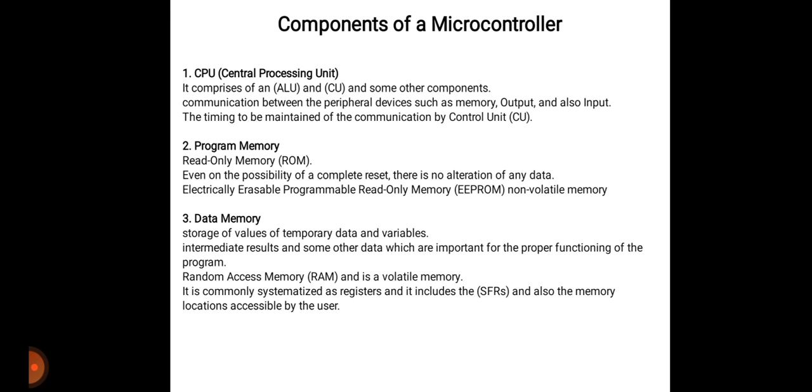We can call it random access memory, that is RAM, and this is volatile memory. It includes commonly used registers, the special function registers, that is SFRs, and also memory locations accessible by the user in this unit.